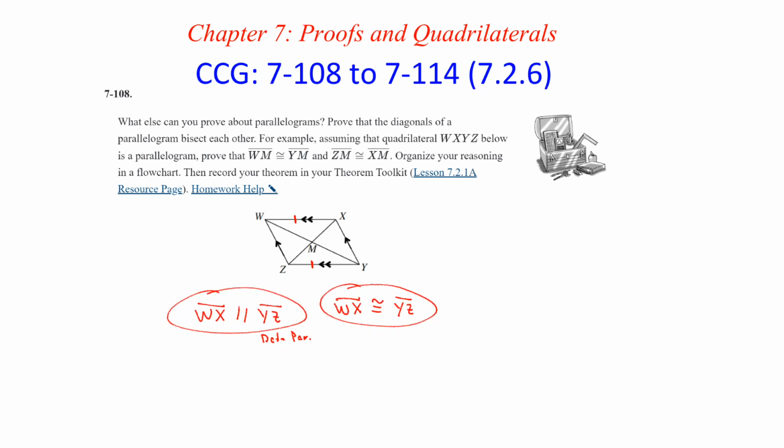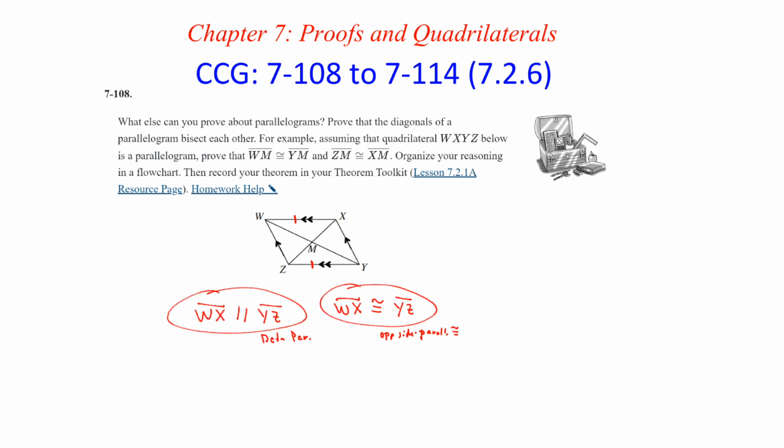And that is part of, once again, knowing what a parallelogram is, and we have proven that the opposite sides are congruent. So we know that the opposite sides of a parallelogram are congruent.